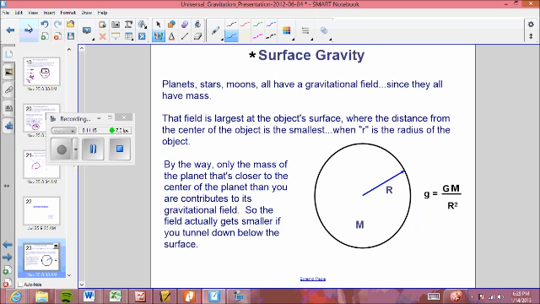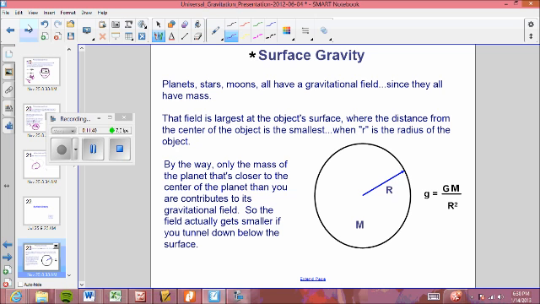Surface gravity. Now, planets, stars, and moons all have a gravitational field, since they all have mass. That field is largest at the object's surface, where the distance from the center of the object is the smallest, when r is the radius of the object. By the way, only the mass of the planet that's closer to the center of the planet than you contributes to its gravitational field.